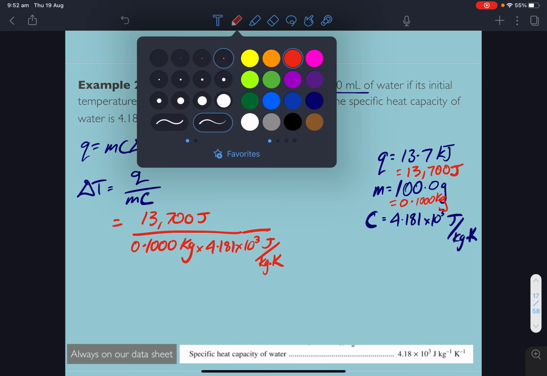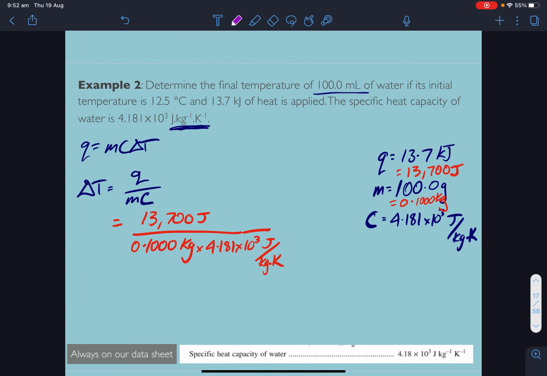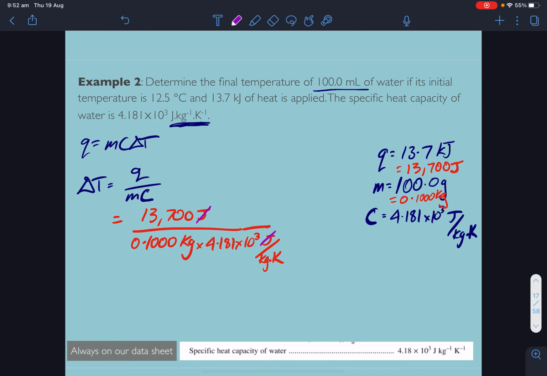Check my units are going to cancel. Joules at the top and bottom of that one. Kilograms at the top and bottom of this one. So I'll be left with Kelvin on the bottom of the fraction, which transfers up to the top. So I'm getting my delta T in Kelvin. So I'm doing the right thing.